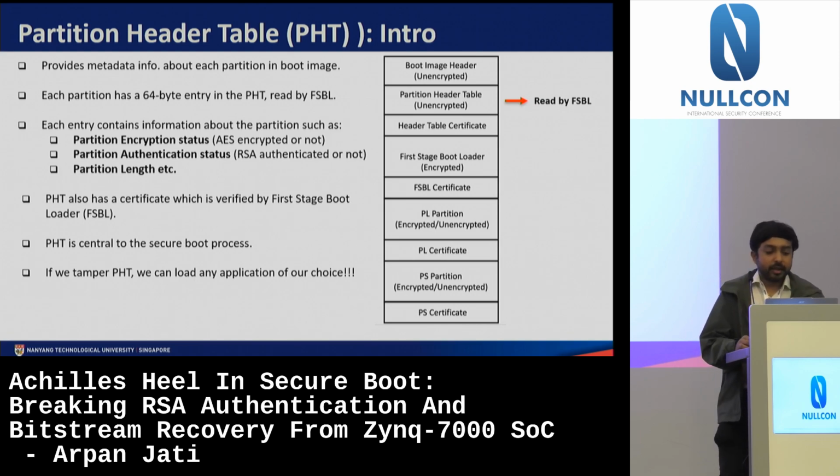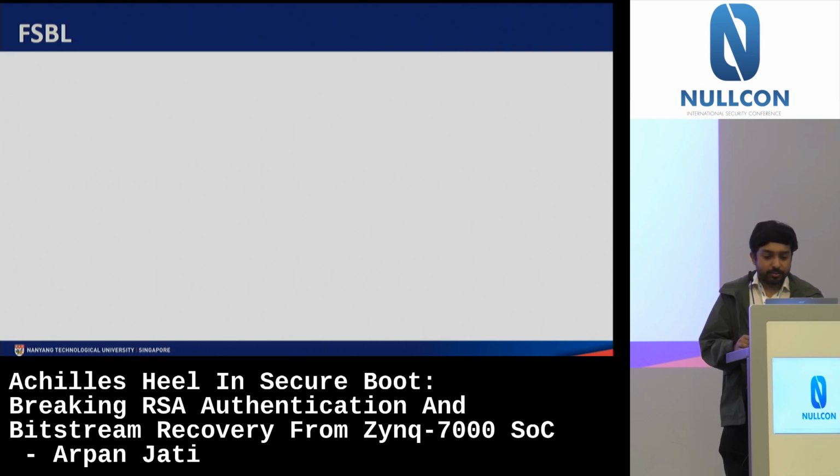The partition header table is actually read by the FSBL, the first stage bootloader. And our work here is to somehow make the first stage bootloader read an incorrect partition header table. So we want to change the partition header table in the boot image in such a way that incorrect information is read, interpreted and processed, so we can do whatever we want with the chip.